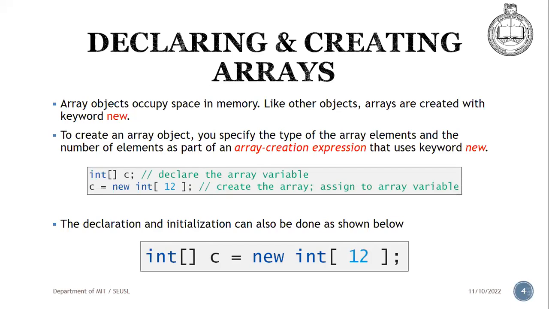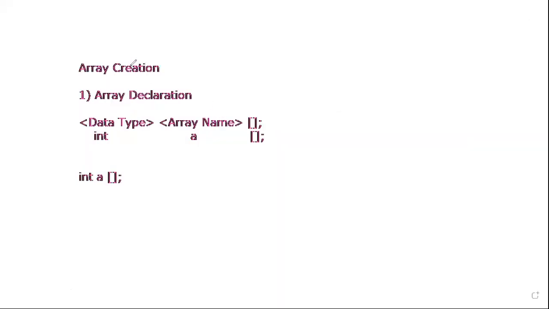So here in summary, this is the thing that you have to keep in mind. What is that? In the array creation, students, the things that I'm writing on the board, it's better if you can take a note of it, so that when you are trying to refer to these slides again and study again, you can easily go through your notes as well.